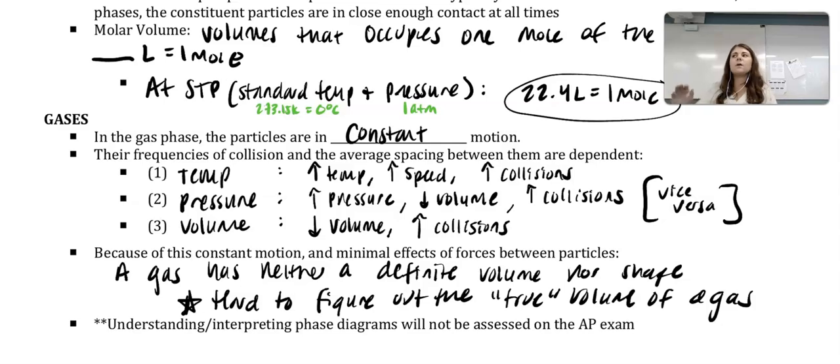When we think about where gas particles are, they are very, very, very far apart. So if we try to decrease that volume as much as possible, then our particles are right next to each other, just like a solid. So to really get the true volume of a gas is very difficult, and we will be looking at that in the next couple of objectives when it comes to gases. But just know that we don't really know the definite volume nor the shape of a gas.